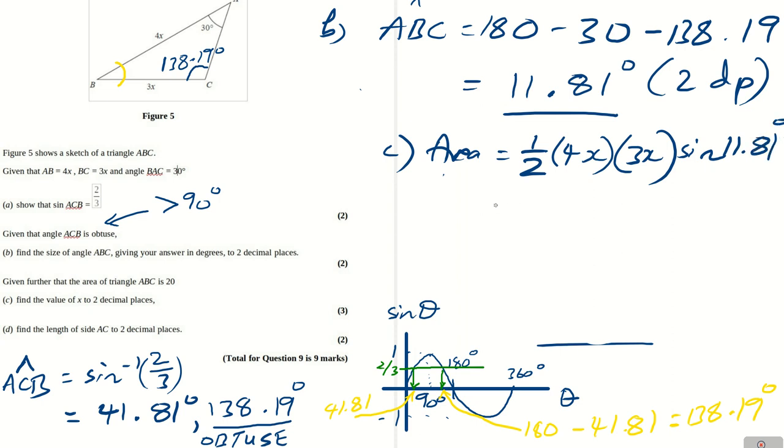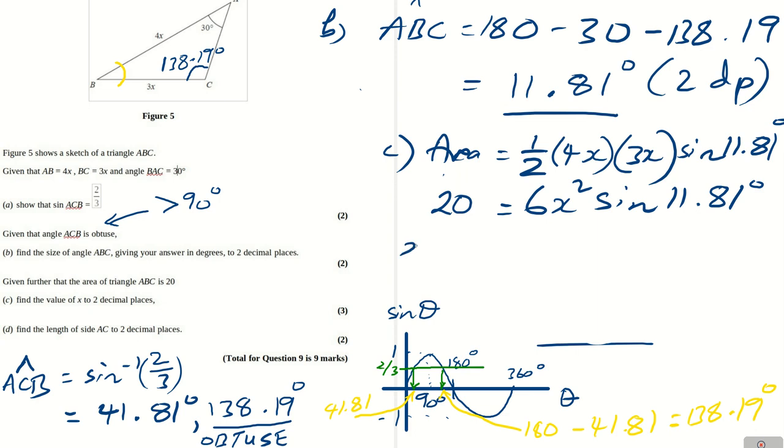Okay, now that is going to equal, what's that? It's 2 times 3 is 6, so yes, we know that equals 20, and we know that's going to be 6x squared times sine 11.81.